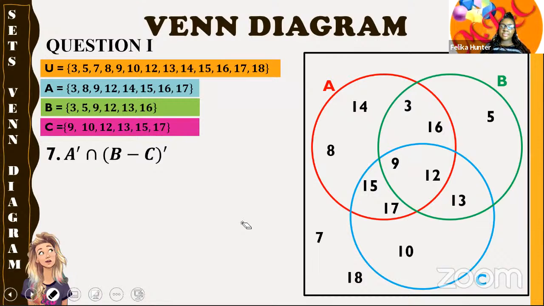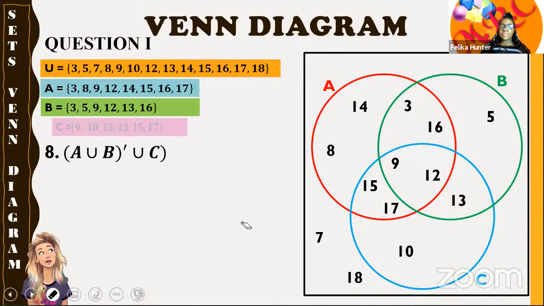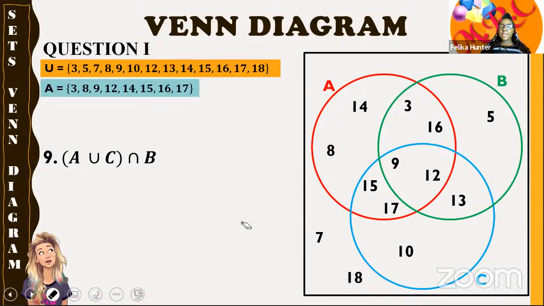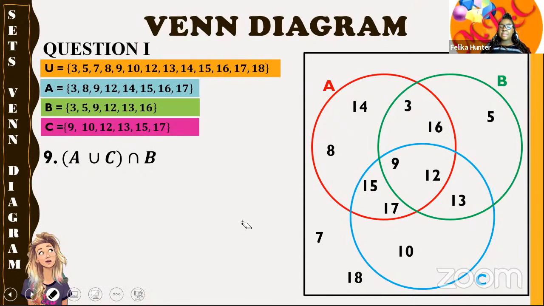Then write down this one: A union B complement, union C. Then this one: A union C intersect B.